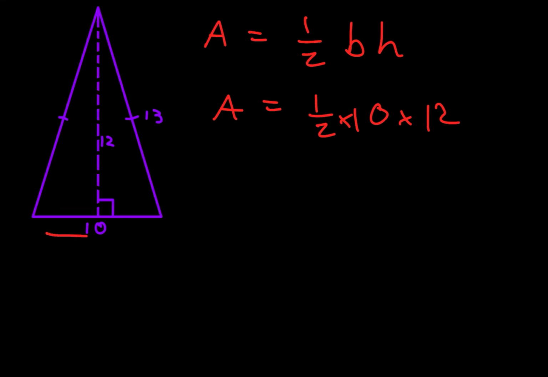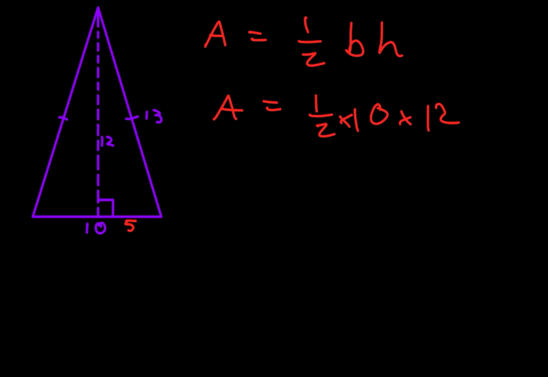So this base length is 10, and this is an isosceles triangle because we have two sides that are equal. And so what we did is we divided this base by 2, and we got 5, and you'll notice that these three sides here work out in the Pythagorean theorem.